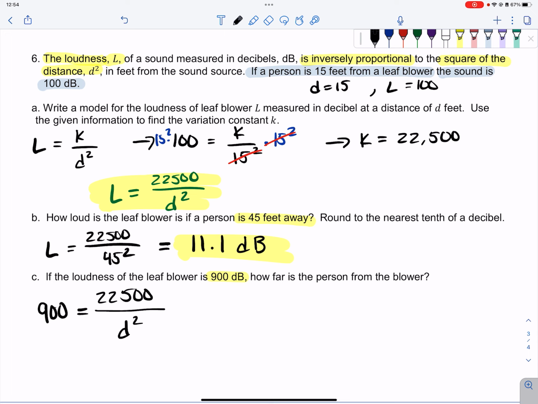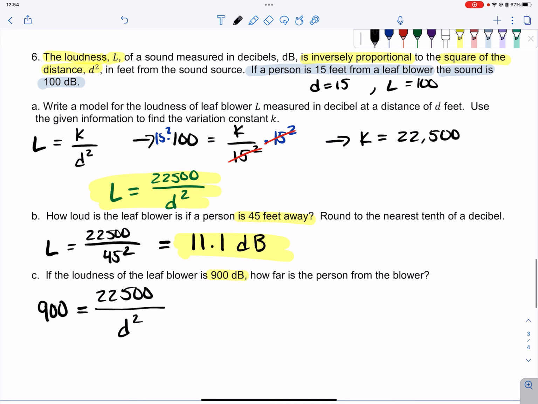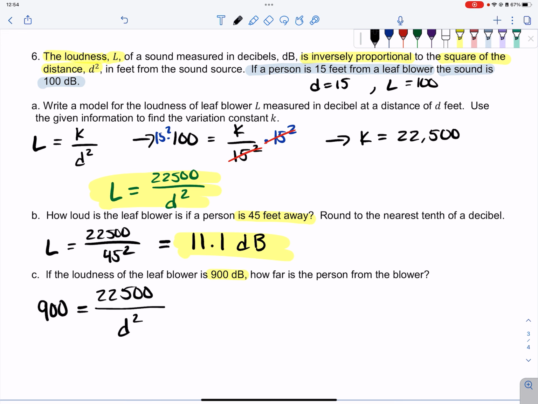The issue is that our distance variable D is in the denominator of a fraction. We need it not to be, so we could multiply both sides of our equation by D squared to get it in the numerator on the other side.